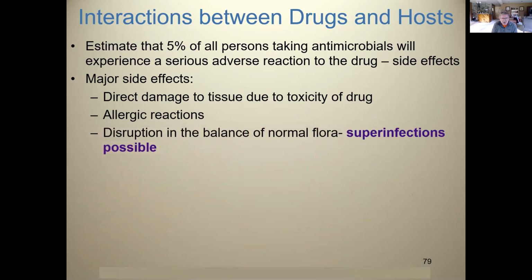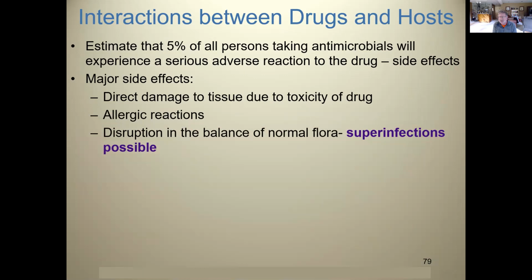Disruption of the normal biota. In one of the next chapters, we're going to be talking about microorganisms that inhabit different parts of our body. The gastrointestinal tract is a good example of an organ system that has a lot of different bacteria in it, all the way from the stomach through to the colon and rectum.